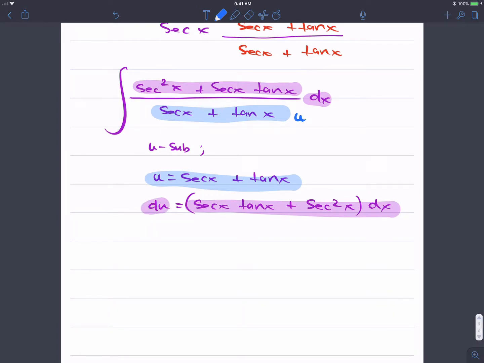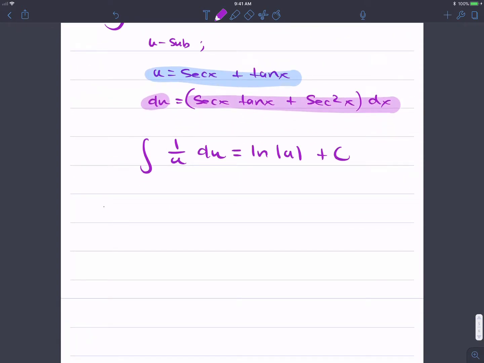So I'm going to replace this whole thing with a du. We now get the integral of 1 over u du, which is the natural log absolute value of u plus c. So we have the natural log absolute value of secant plus tangent plus c. And here's our final answer.